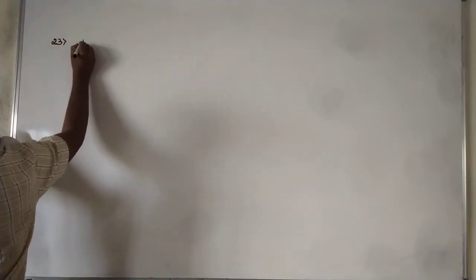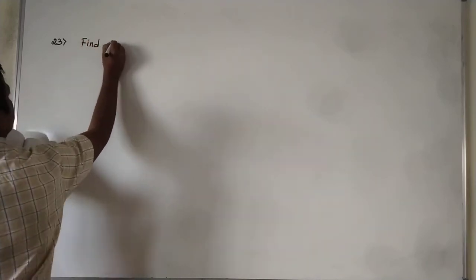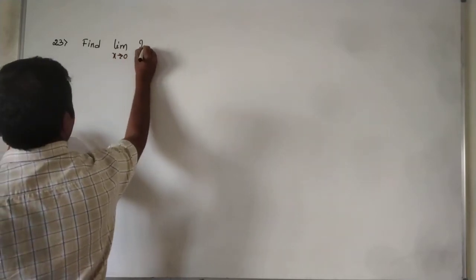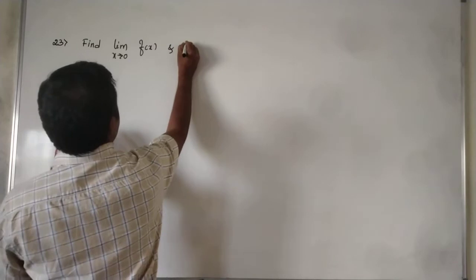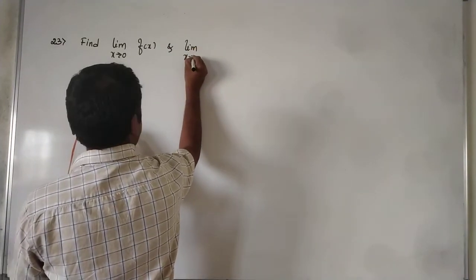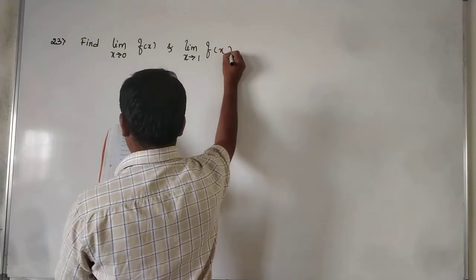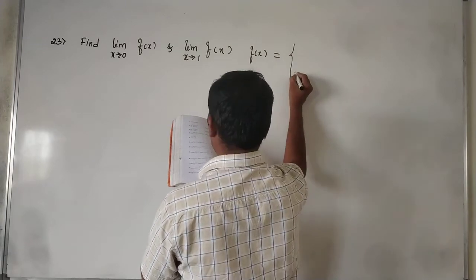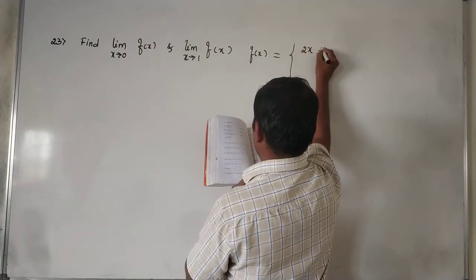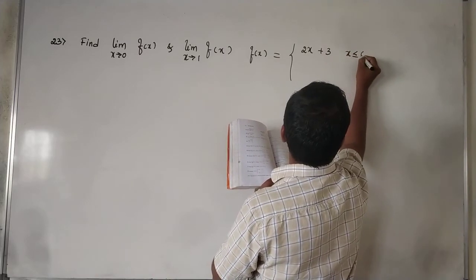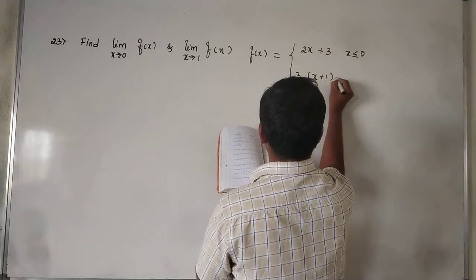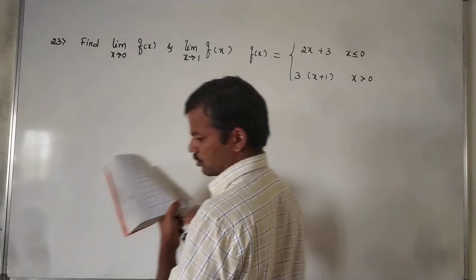So 23rd problem. Find the limit as x tends to 0 of f(x) and the limit as x tends to 1 of f(x), where f(x) is equal to 2x + 3 for x less than or equal to 0, and 3x + 1 where x is greater than 0.